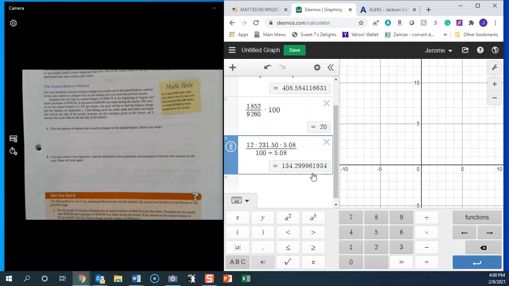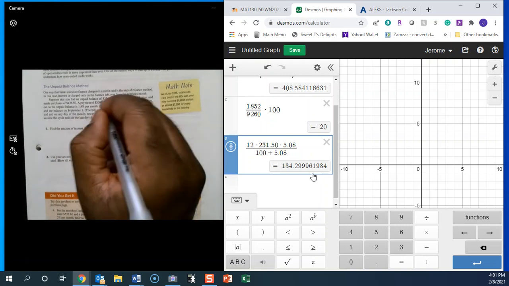The billing cycle for credit cards and loans can begin and end on any day of the month. However, for the examples given in this lesson, we'll assume the cycle ends on the last day of the month. Number one says find the amount of interest that will be charged on the unpaid balance. Show your work.